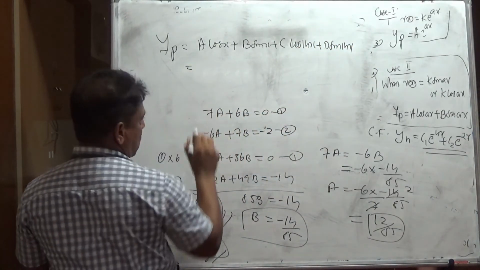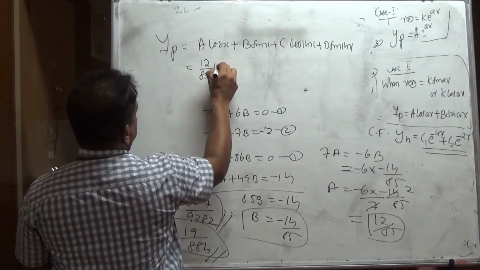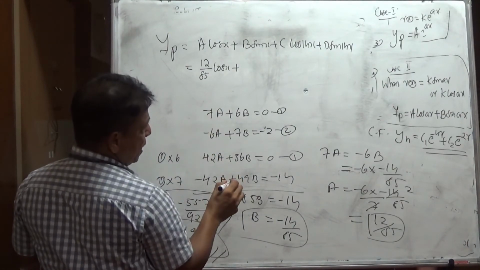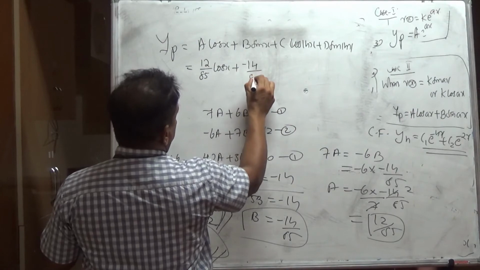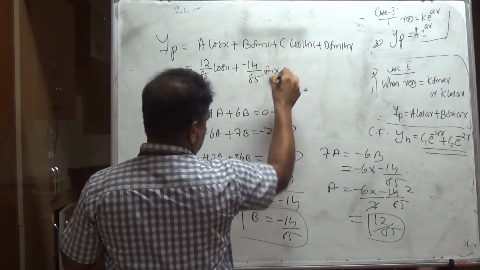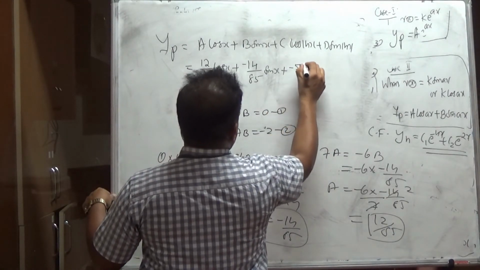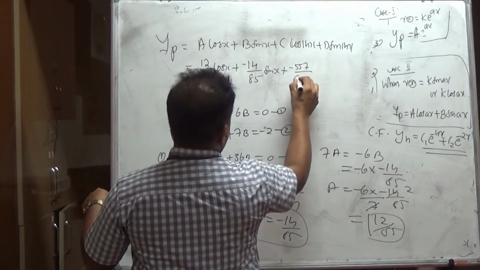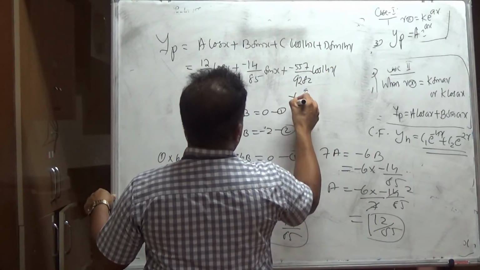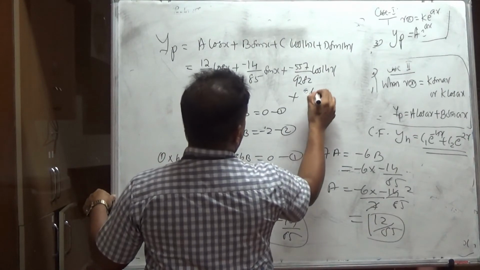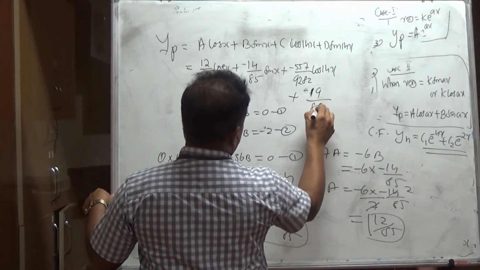We substitute a is equal to 12 by 85, b is equal to minus 14 by 85, c is equal to minus 557 by 9282 and d is equal to 19 by 884.